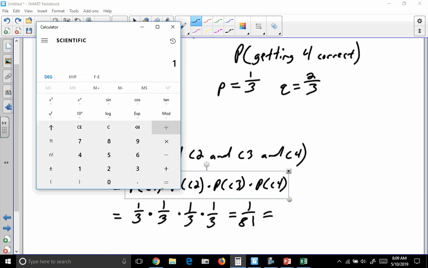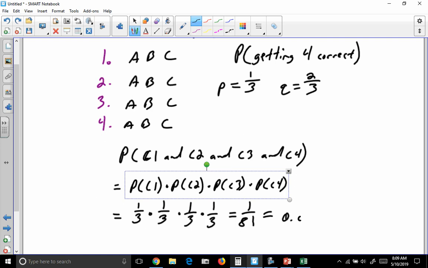As a decimal or a percent, that's 0.012, or about 1.2%. So, in other words, you need to study. Don't just go into quizzes and say, I'm just going to guess, I don't have a clue what's on there. It helps to know what you're talking about, because if you're just guessing, it's not very likely that you get them all right.